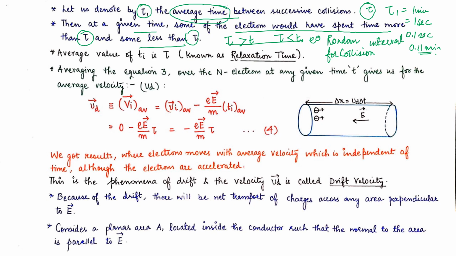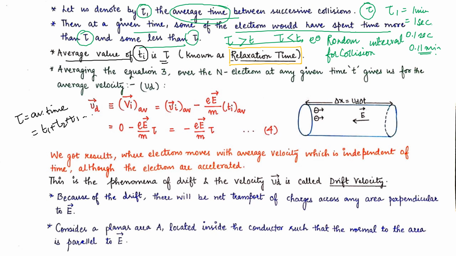So when we say that this is the average time, it gives us T1, T2, T3 and so on. This average value of Ti is tau, also known as relaxation time. In this interval, these electrons are a bit relaxed over their motion.